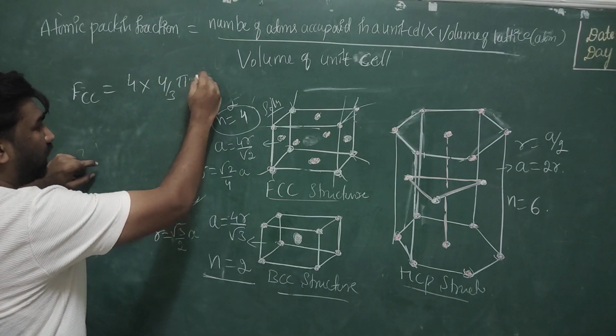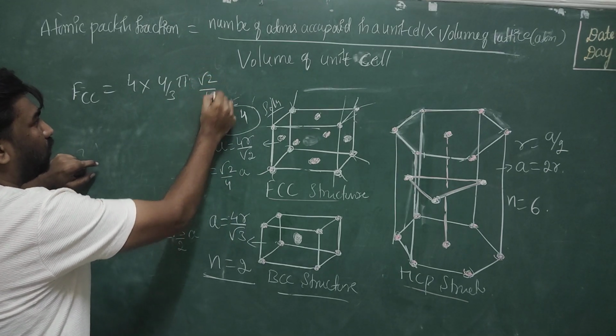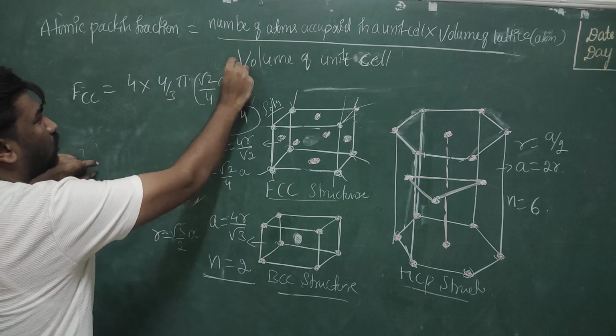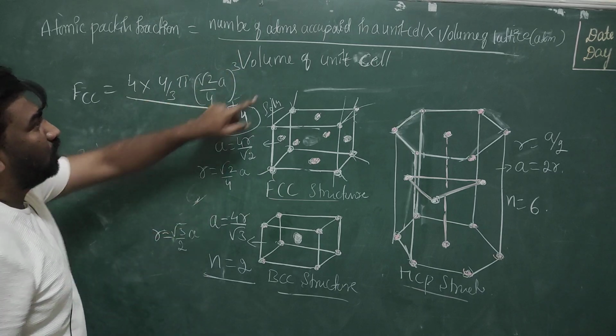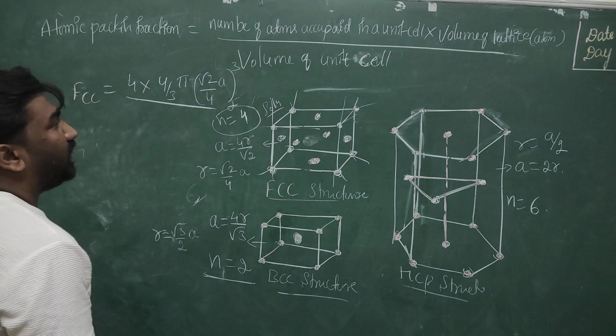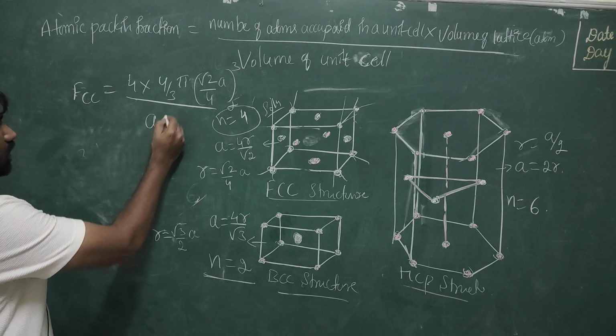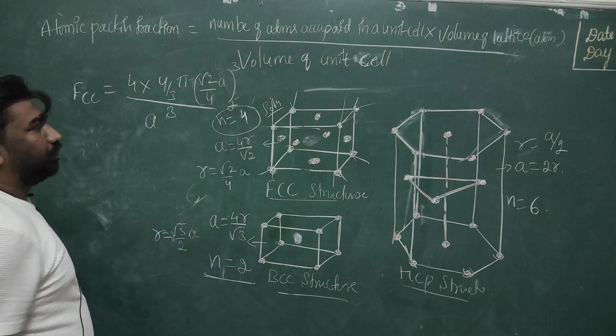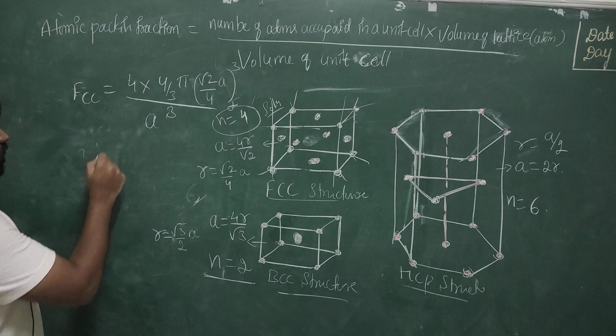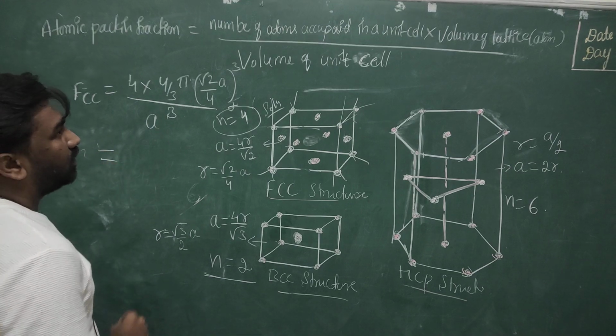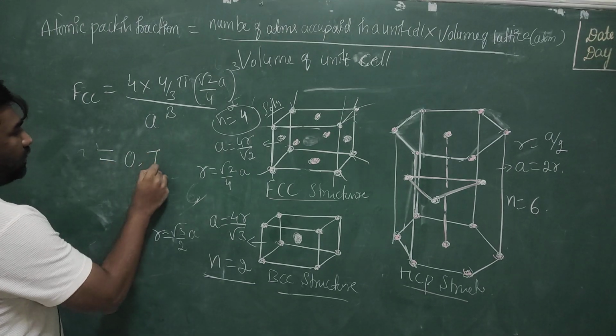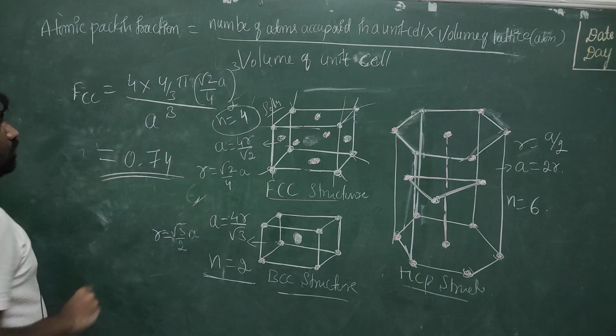So substitute there, root 2 by 4 a whole cube, divided by the volume of a unit cell, which is a cube. If you solve this, you will get the answer 0.74 for FCC.